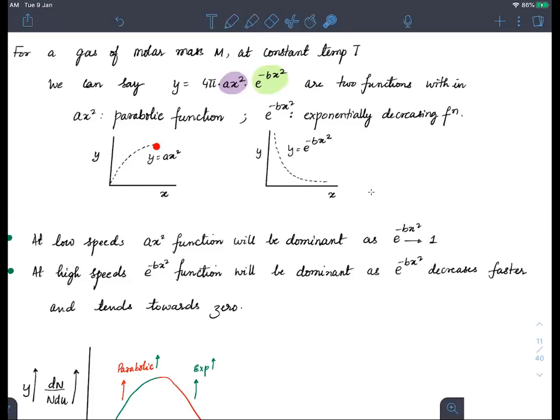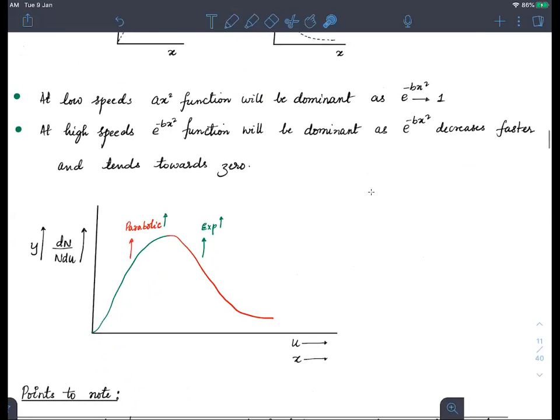So a x square is the more dominant function at lower speeds. At higher speeds, the exponent becomes so large in the negative that the exponential becomes almost 0, so it drags the function down to 0. That's why the overall function has first a parabolic part and then an exponential part dragging it towards 0.